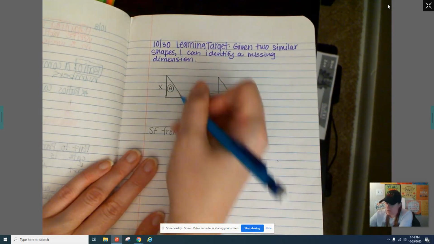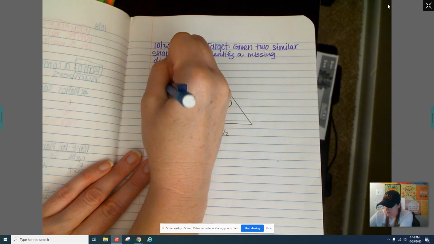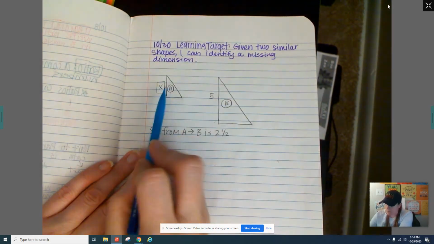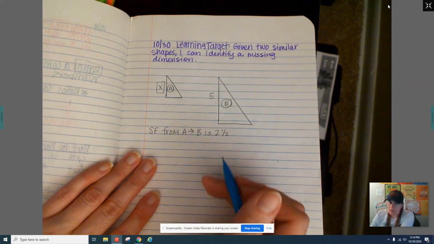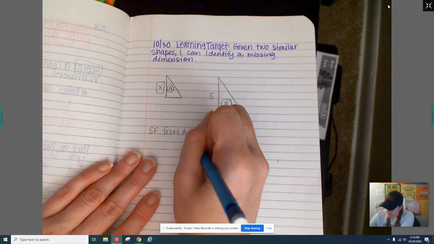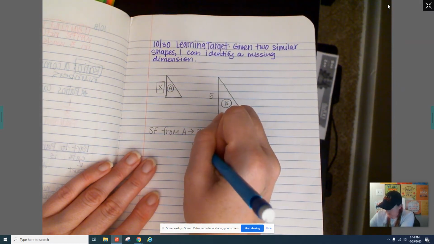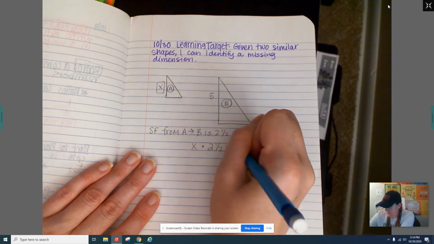So what I need to know is what is the value of x right here? Whatever this number is times 2.5, I get 5. So how can we do that? Let's set it up as an equation. X times 2.5 equals 5.